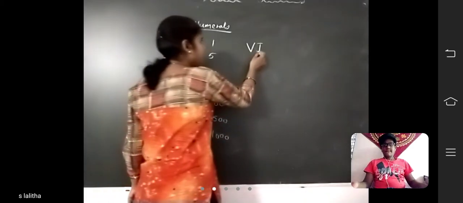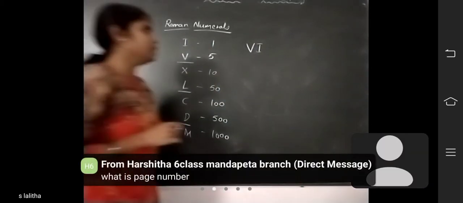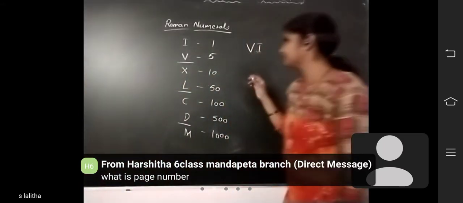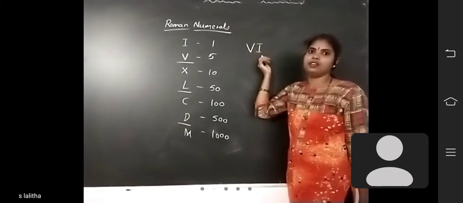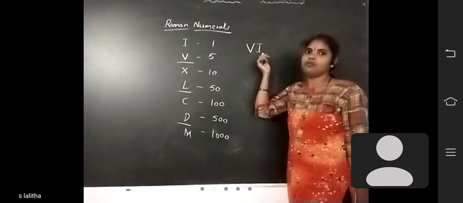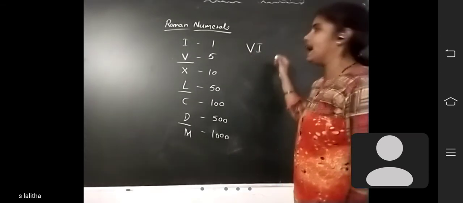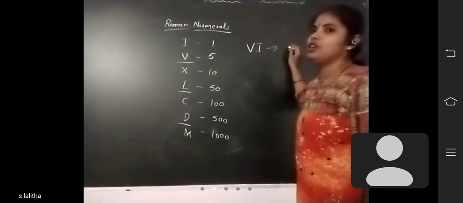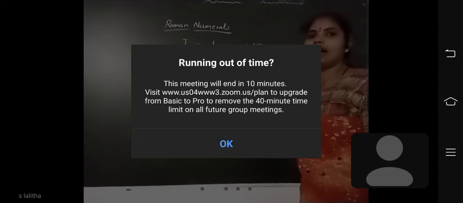So I is written on the right side of V. I is 1, no? 5 is greater than 1. So I am writing that number here on the right side of 5. So 1 is less than 5. So what should you do? You should add here. You should add. If you write I on the left side of the greater number, you have to subtract.